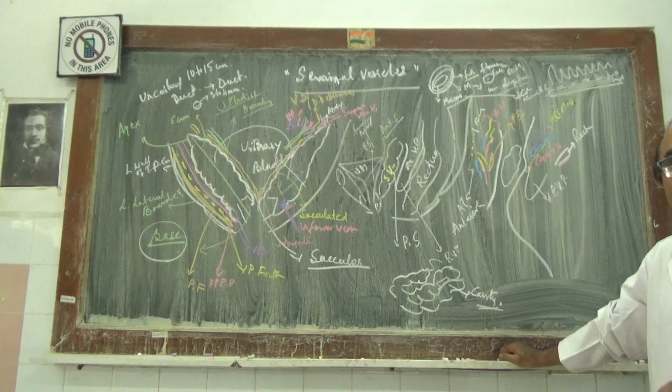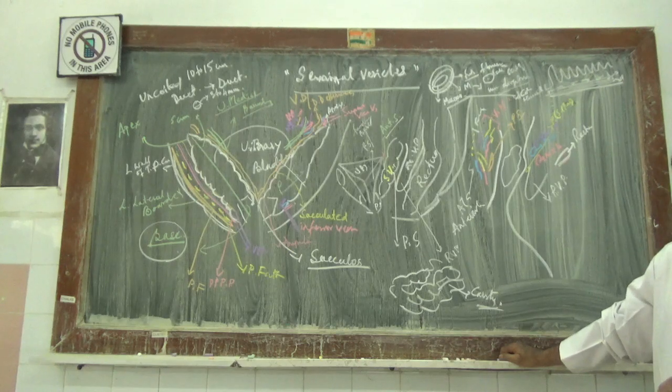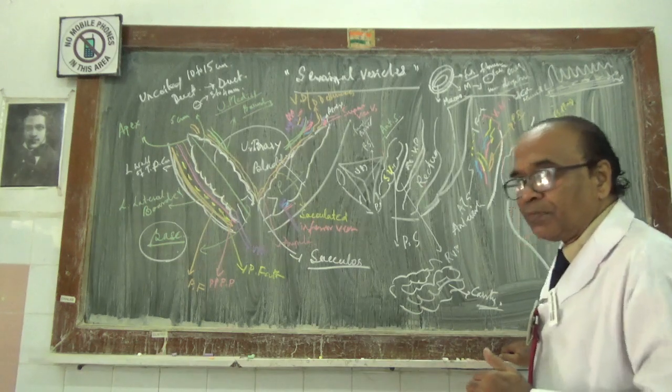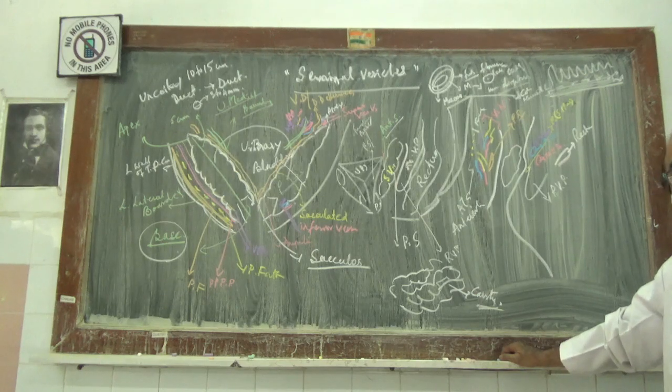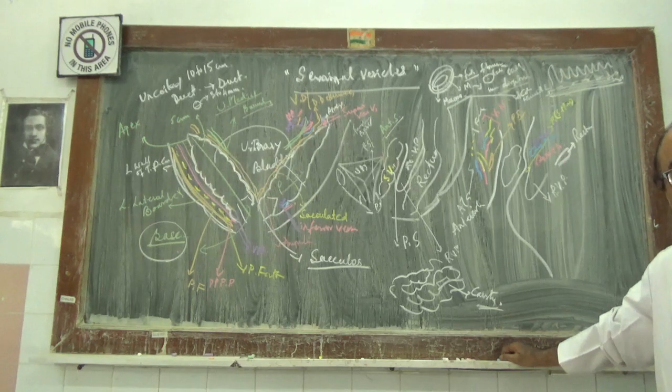Venous drainage, corresponding veins, those are the inferior vesicular veins from the superficial and deep part, as well as the middle rectal veins. They drain and then open into the internal iliac veins.